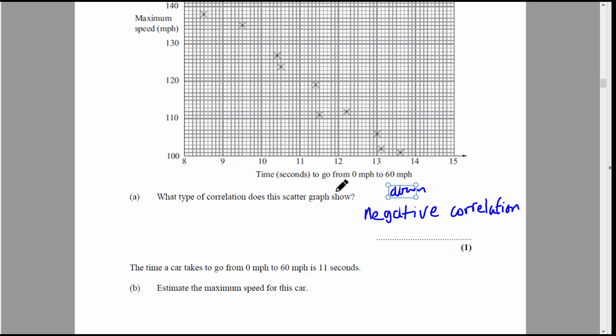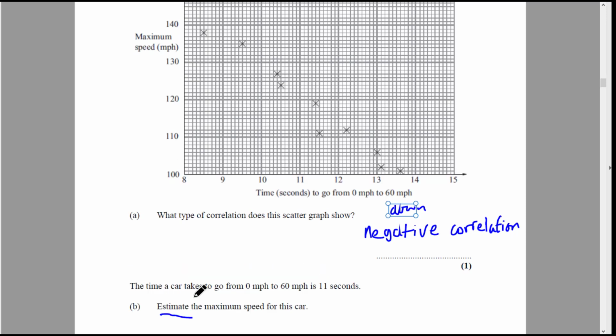Time a car takes to go from 0 to 60. Estimate the maximum speed for this car, so you need to draw a line of best fit and use a ruler. It should go in between the points fairly equally. So 11 seconds. Do this dotted line.